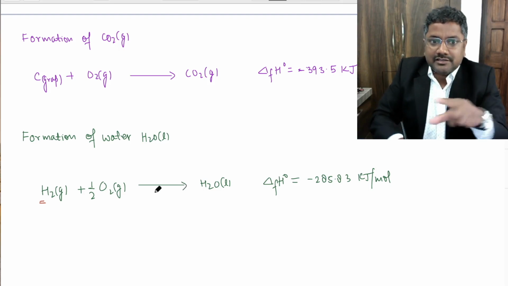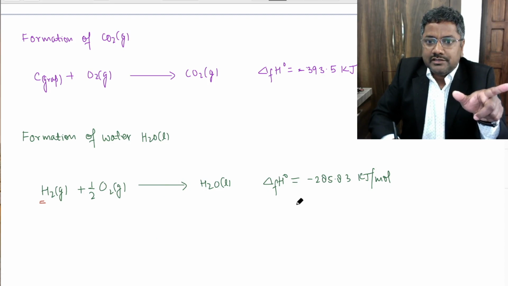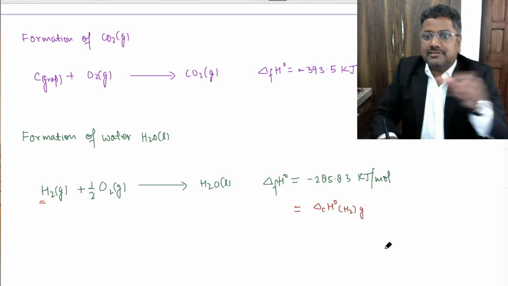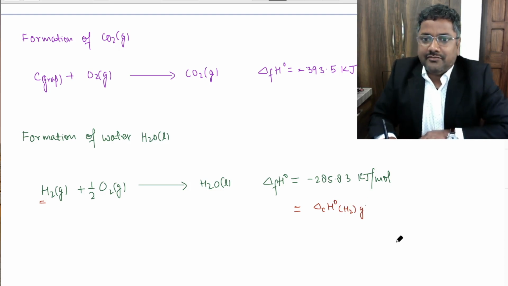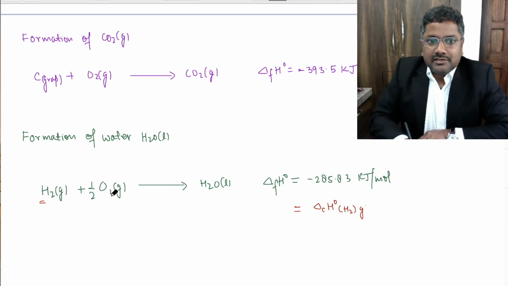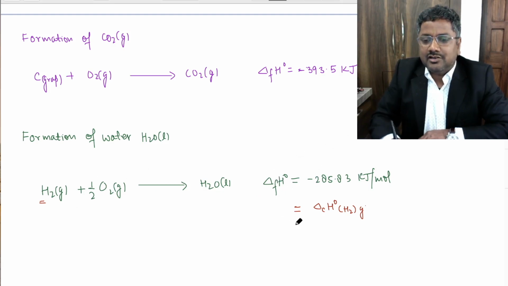This is the same reaction you will design for the combustion of hydrogen, so you can write delta H naught combustion of hydrogen. Very interesting point. If the examiner asks you to design the equation for the combustion of hydrogen, you will write the same reaction. If the reaction is the same, coefficients and all, then the enthalpy is also the same.